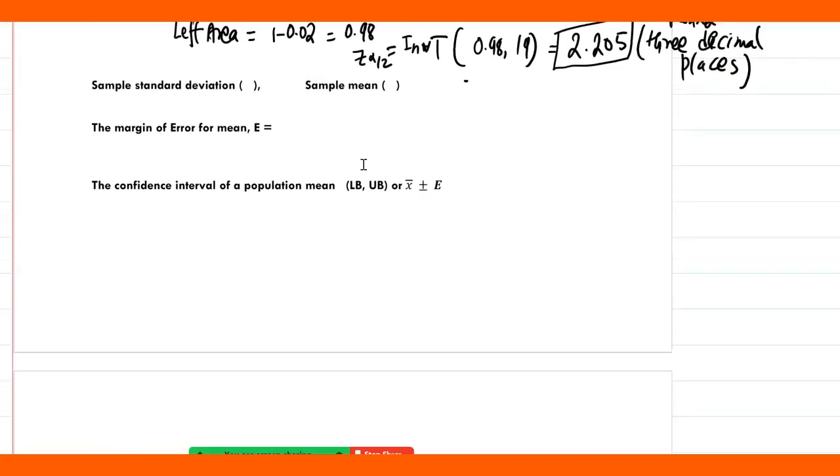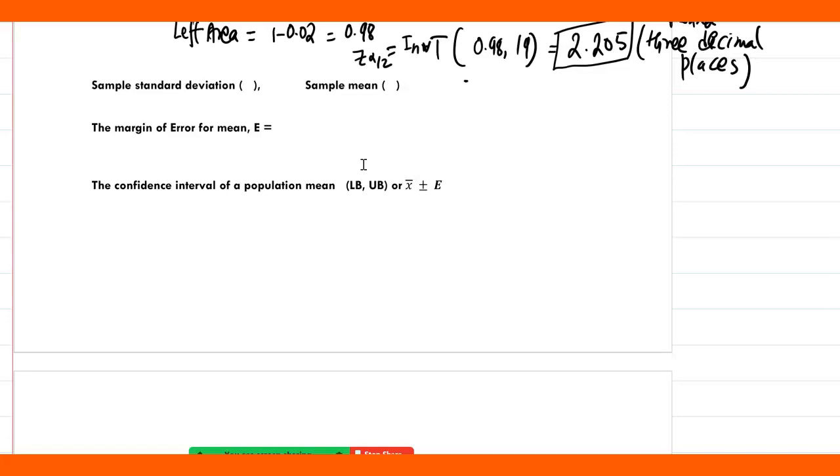Let me start with some symbols. Sample standard deviation. What do you guys think the sample standard deviation symbol is? Do you remember from chapter 3? Sample standard deviation is S. We use S as the sample standard deviation, or Sx, the same thing.